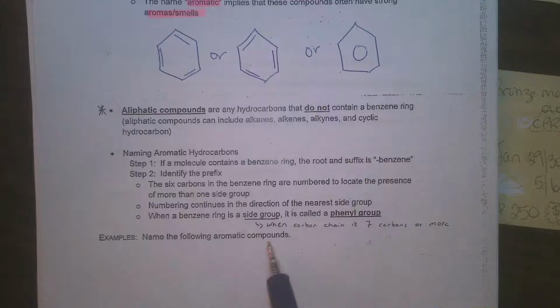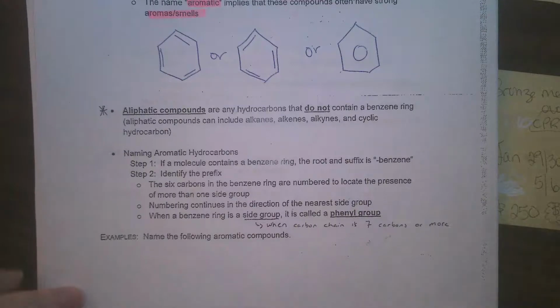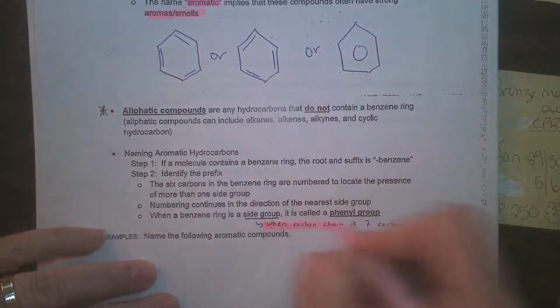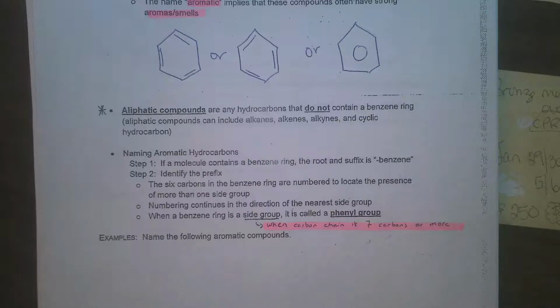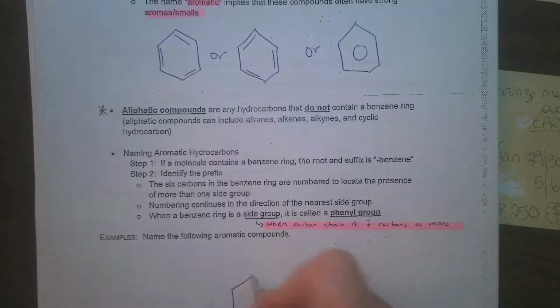When a benzene group is a side group, this is really important because this does happen. When a carbon chain is more than 7 carbons long, and then there's a benzene group attached to it, it gets called a phenyl group. It actually becomes the side chain and not the main chain. Okay, let's look at this example here. Oh, I can't see.